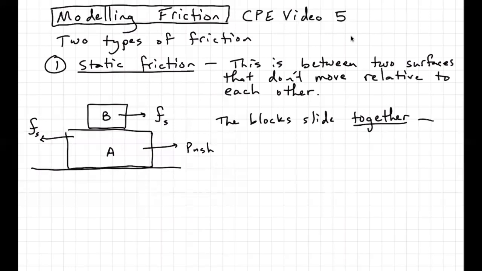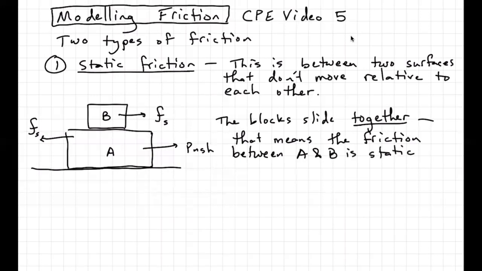That means that this is static friction between the blocks. So static just means not moving, just the normal meaning of static. So static means those two blocks aren't moving relative to each other, so there's static friction.